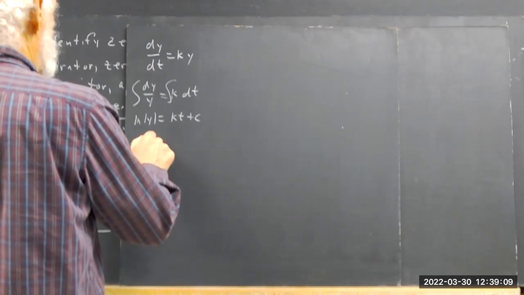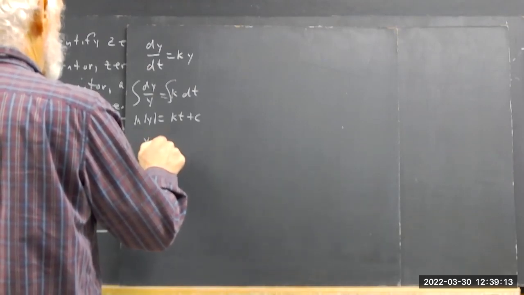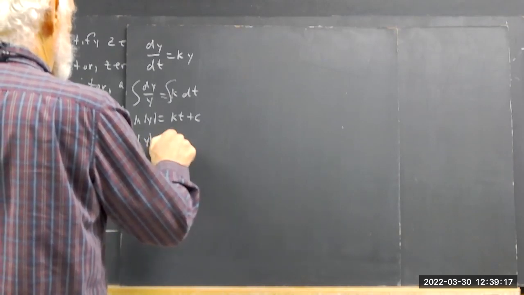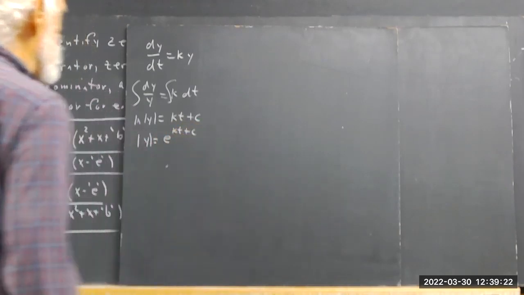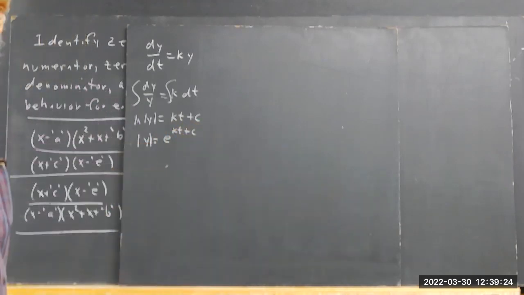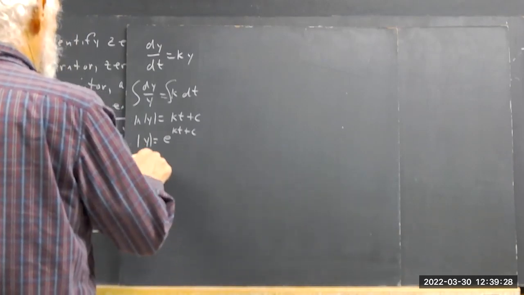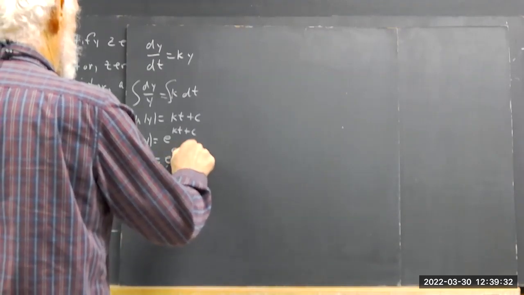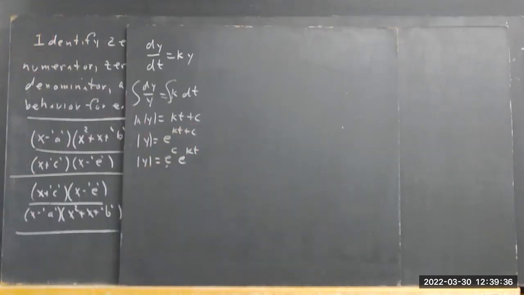So that the absolute value of y is e to the kt plus c. C can be anything.